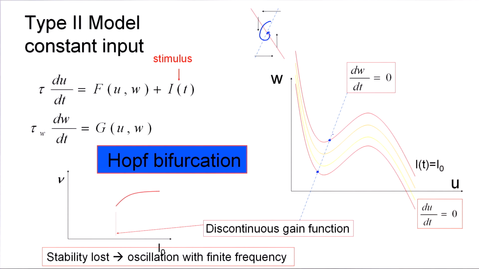The stability is lost at some finite frequency. There will be oscillations at some finite frequency that correspond to this rotational component here, and moreover, for the kind of FitzHugh-Nagumo model that we have considered here, the oscillation will be big. Importantly, we generate a discontinuous gain function out of this Hopf bifurcation.